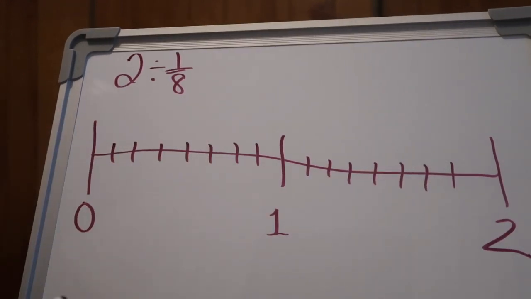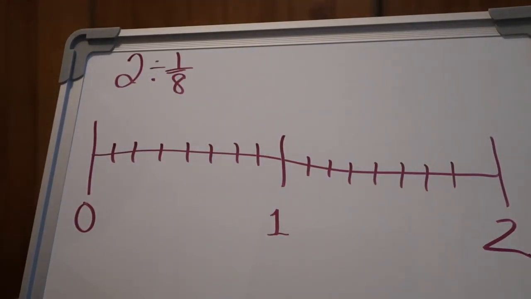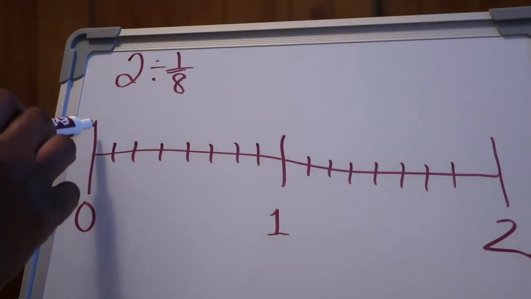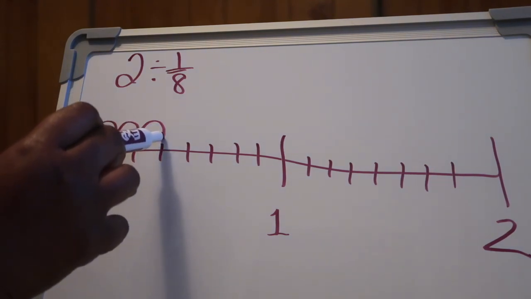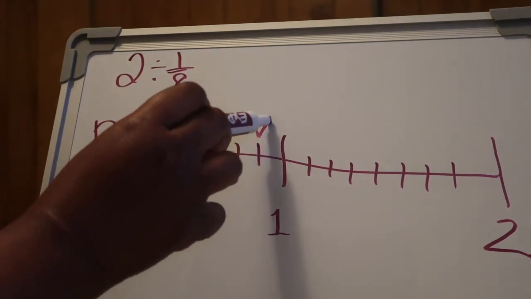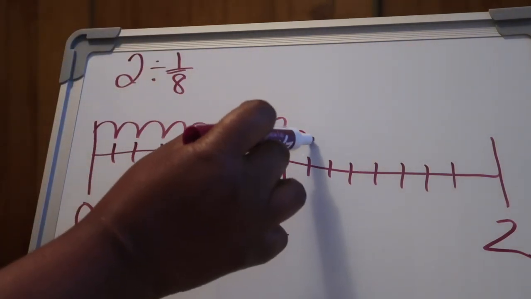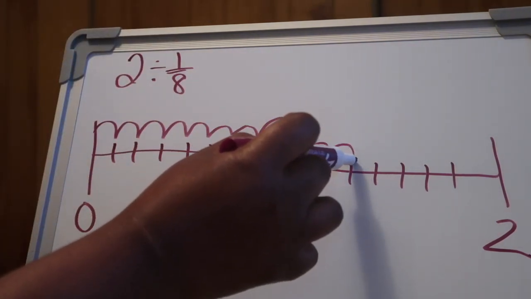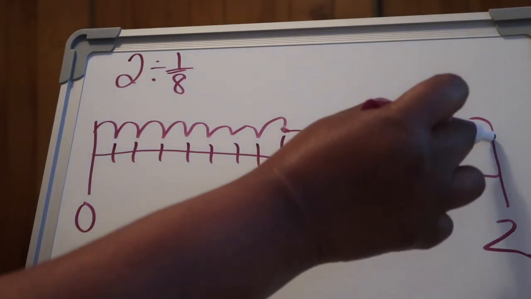All right, again, I'm going to see how many hops, how many eighths, I can get out of 2 wholes. Start at 0, so I'm going to jump. 1, 2, 3, 4, 5, 6, 7, 8, 9, 10, 11, 12, 13, 14, 15, 16.